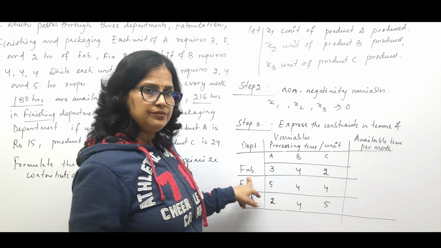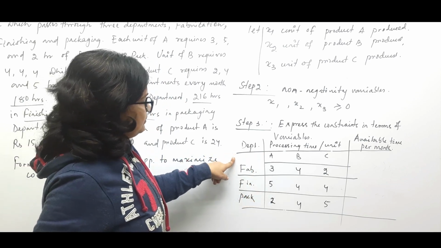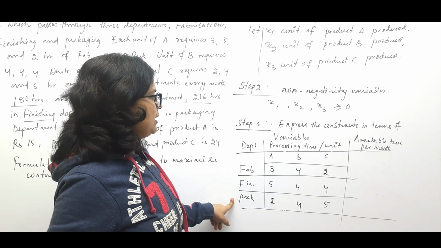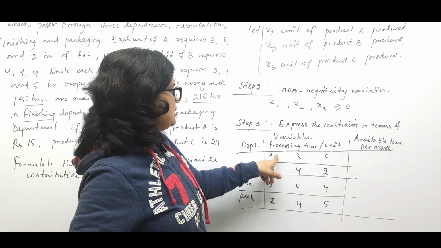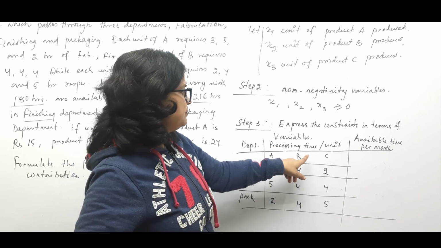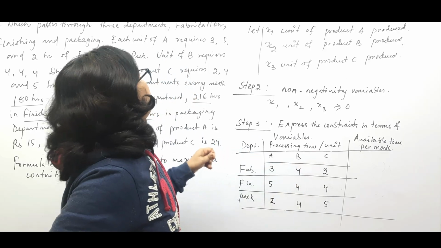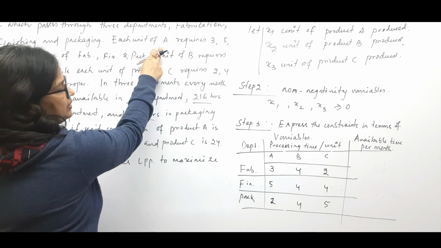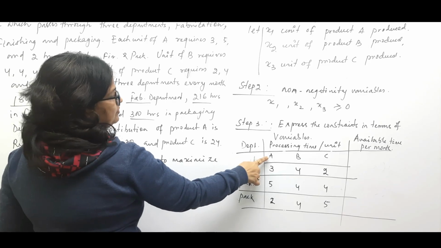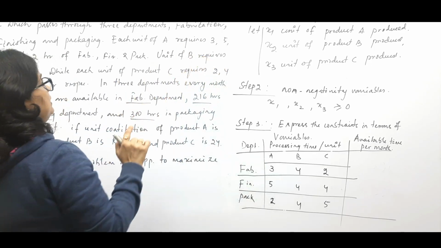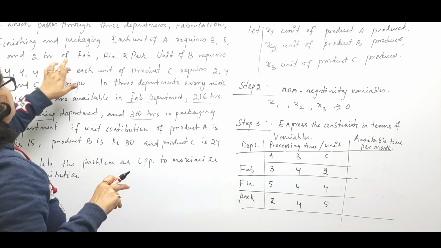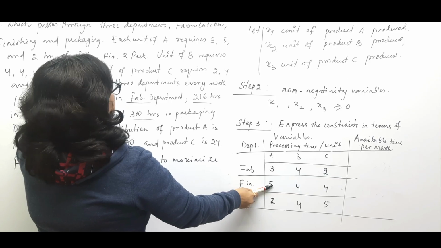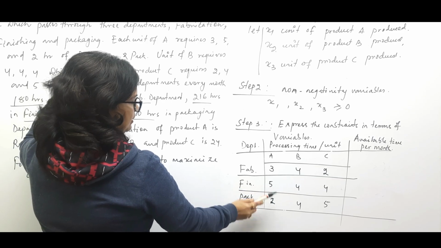We know from the question the different departments: fabrication, finishing and packaging, and the processing times of products A, B and C. Each unit of product A requires 3 hours for fabrication, 5 hours for finishing and 2 hours for packaging.